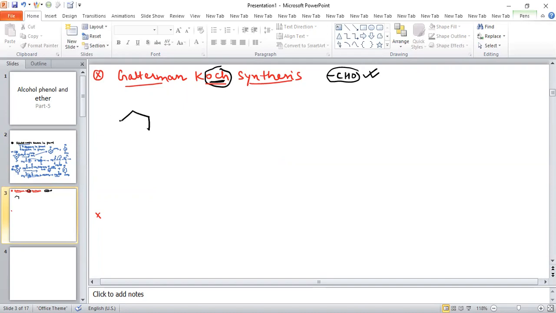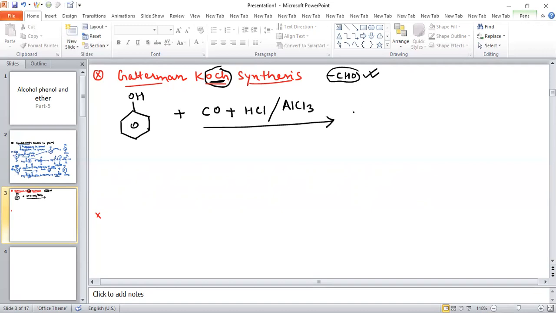Now see the reaction. Basically, in the reaction phenol is given, and with phenol we use carbon monoxide, CO, along with HCl in the presence of AlCl3. See what happens.